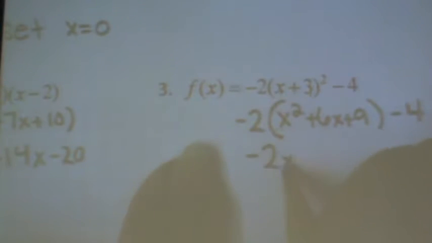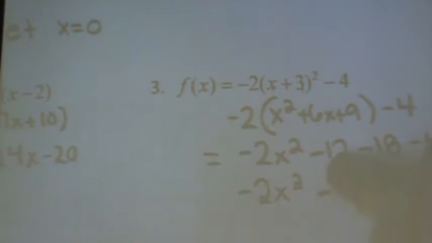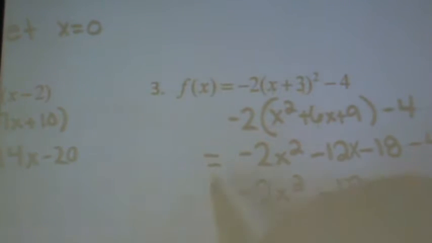You get -2x squared minus 12x minus 18, and then add -4. Your final answer is -2x squared minus 12x minus 22. Don't forget f of x.